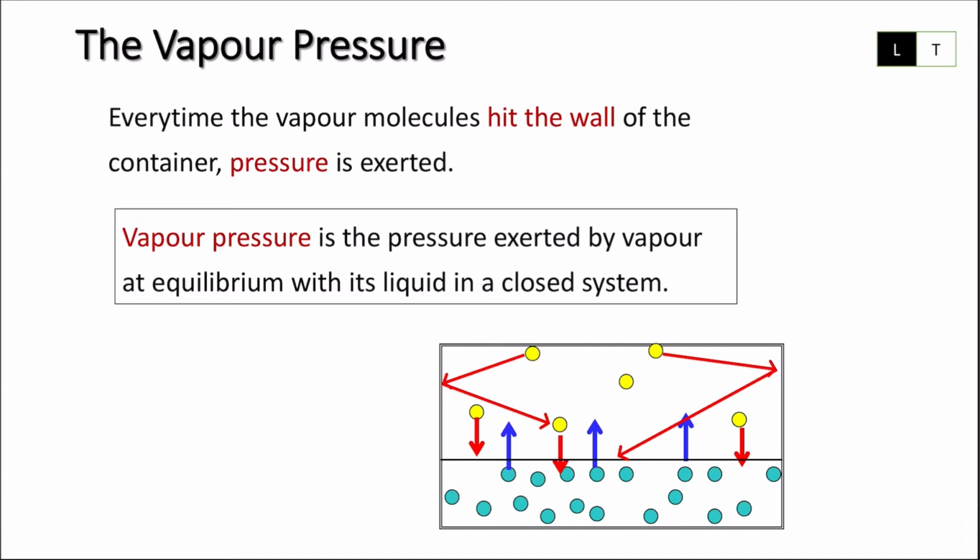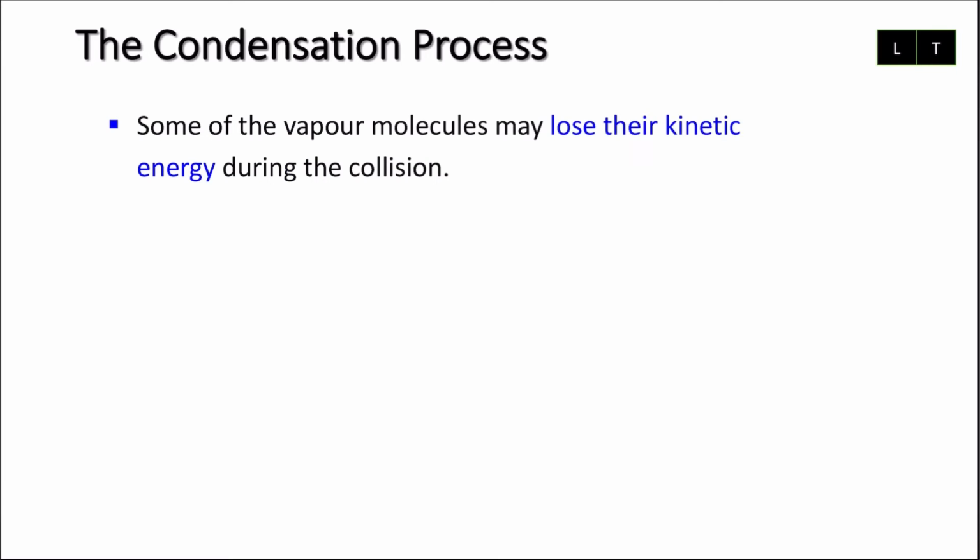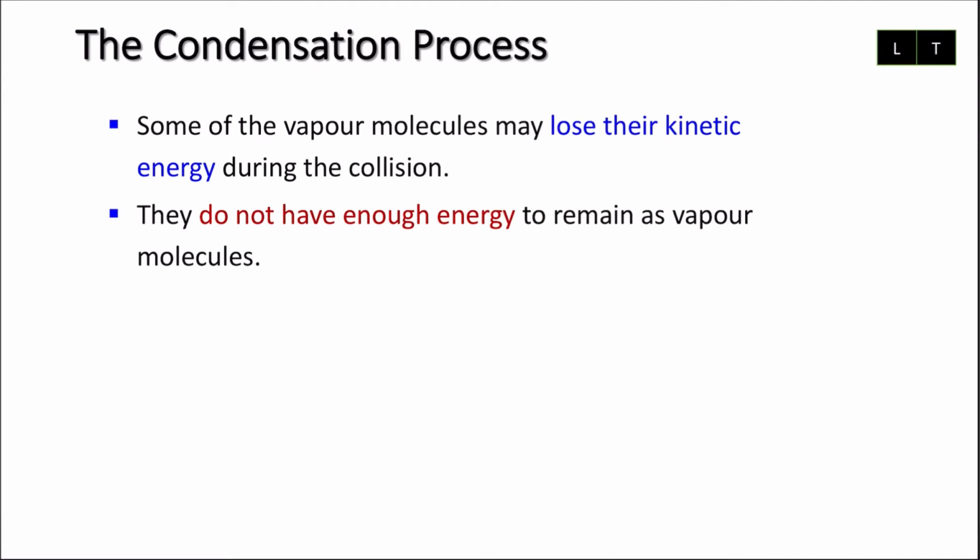So daripada story yang saya explain tentang vapor molecule yang tak boleh escape, kita akan continue di mana kita akan masuk bahagian condensation process, where some of the vapor molecules can lose their kinetic energy during collision sebab dia terlalu kuat berlanggar antara satu sama lain. Maknanya dia tidak cukup tenaga. Bila tak cukup tenaga, dia tak boleh remain as vapor molecules.